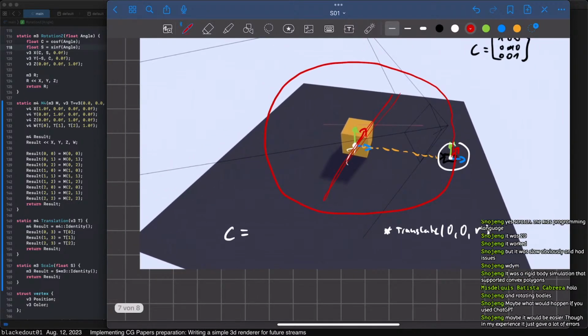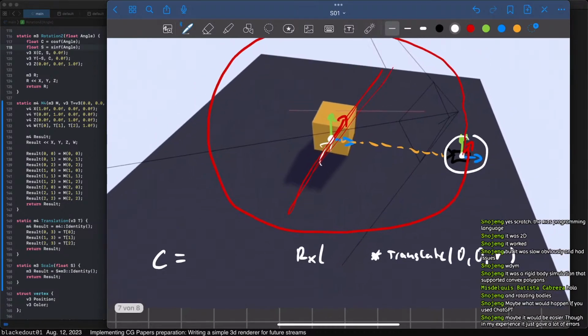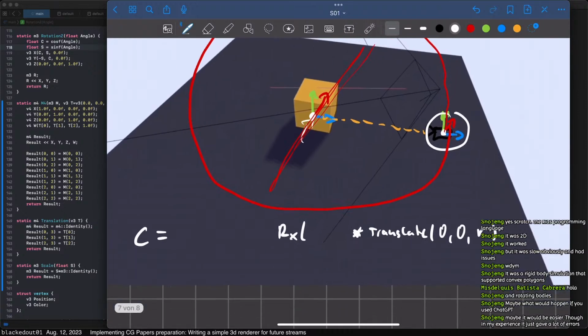And so let's write this down here. Rotation. I will just write this down like here. And this, I will just call this angle x.